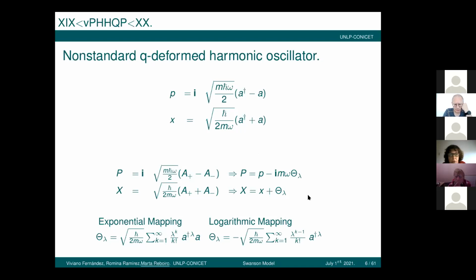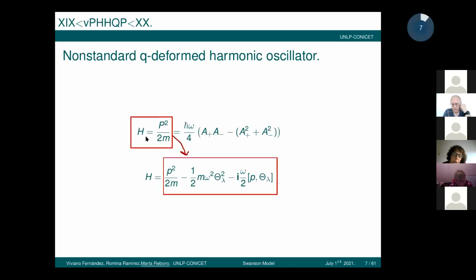We end up in each of the mappings with expressions of this type. For the exponential mapping, we have a series in terms of A and its adjoint, and for the logarithmic mapping, in terms of A dagger, simply. So we said, well, we shall look at this Hamiltonian.